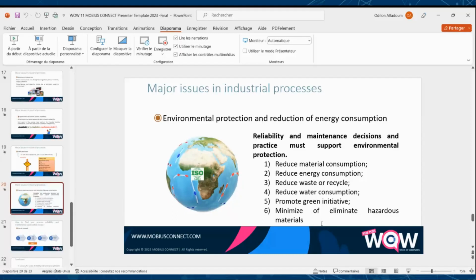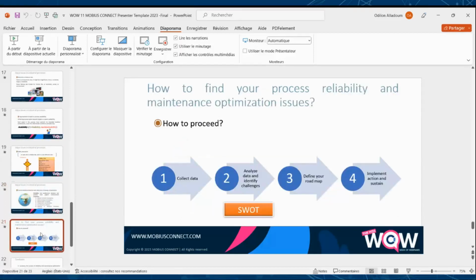For example, we have the ISO 14000 series for environmental management systems, and we have also ISO 50001 for energy management. All these issues that we just saw are general, but sometimes you will need to find your own issues for your process.